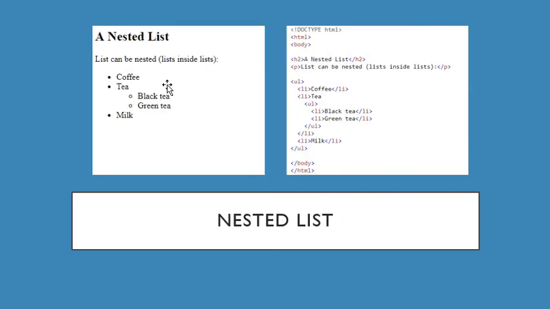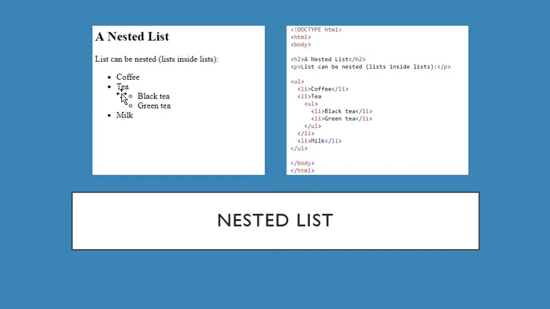Okay, and also we have a nested list. This nested list is how we can have lists in nested form. For example, here we have coffee, tea, black tea, green tea, and milk. So we have two types of tea here, black and green. In order for you to have this nested list for the unordered list, you must have the UL, LI, and then another UL within the bigger outside LI.